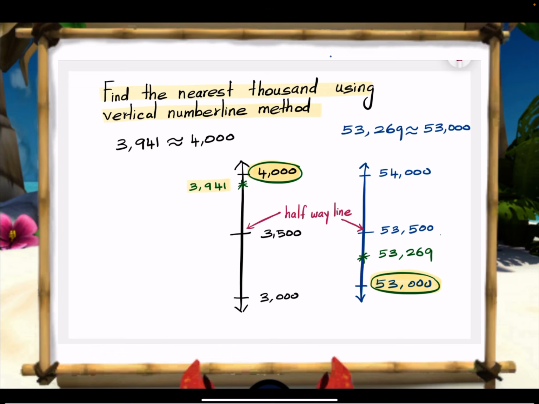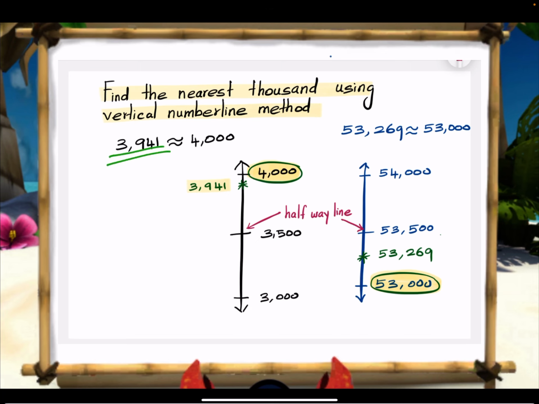Let me quickly show how to find the nearest thousand using vertical number line method. So what you have seen here is a vertical number line that I have drawn. The number that we are going to find is 3,941.